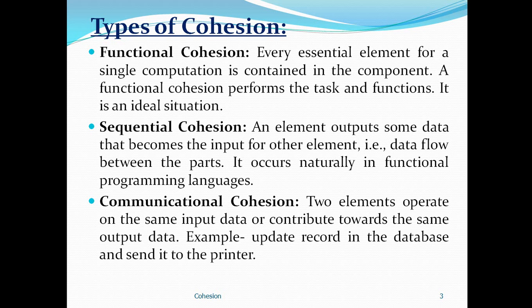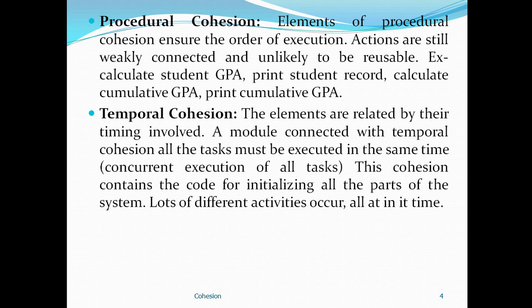Here two elements perform tasks that are logically the same but physically different, and they contribute to the same data, the same parameters given by the user. For example, updating the record and simultaneously sending the data to the printer. So two tasks are performed simultaneously, which is known as communicational cohesion.